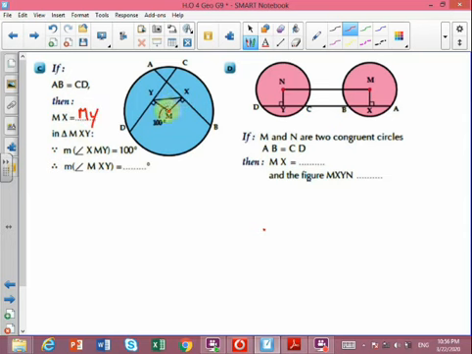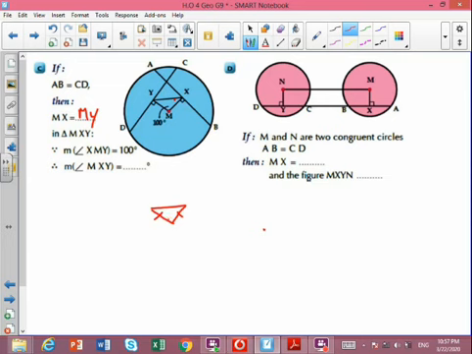In triangle MXY, if the measure of angle M equals 100, what will be the measure of angle MXY? This triangle. As we told before, MX equals MY, that means this small triangle is an isosceles triangle.